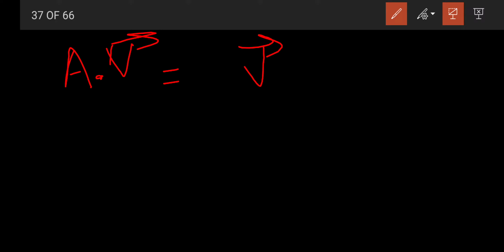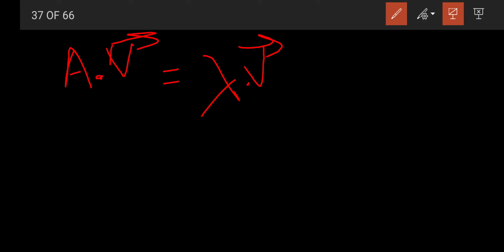First, we should know what is an eigenvalue or eigenvector. Suppose this is vector v. When vector v is acted upon by a matrix, I am calling the matrix A, then it gives the vector itself multiplied by some constant, say lambda.